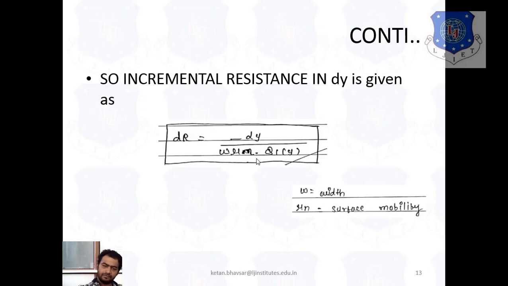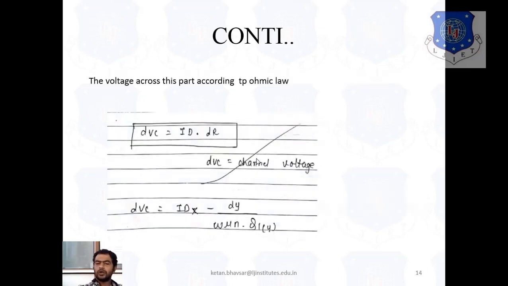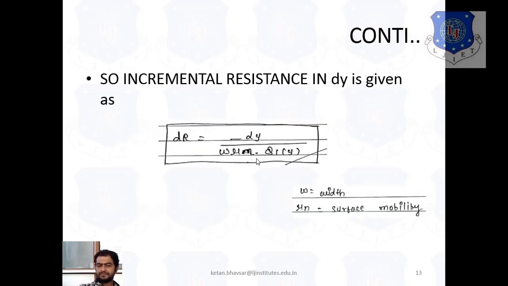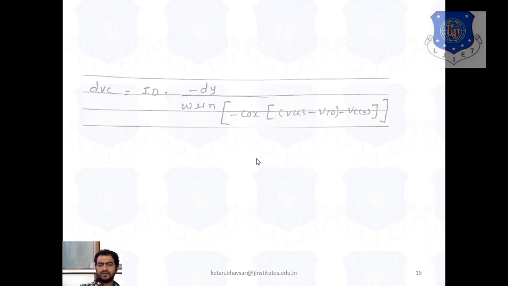W is the width that I already told you, and mu N is the surface mobility for the N type. The voltage across this portion, according to Ohm's law, V is equal to IR, so dVc is equal to ID into dR, that you already saw. The channel voltage dVc is equal to ID minus dy divided by W mu N Q1 of y.